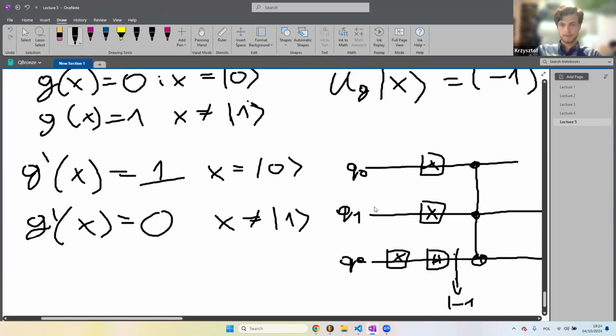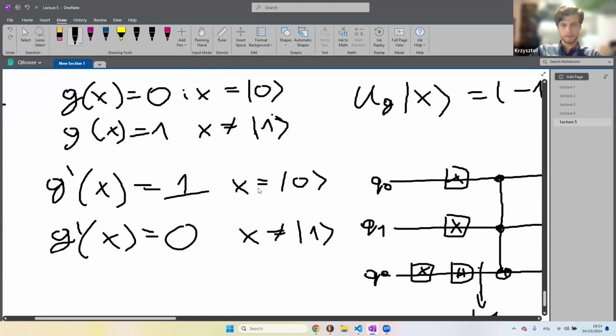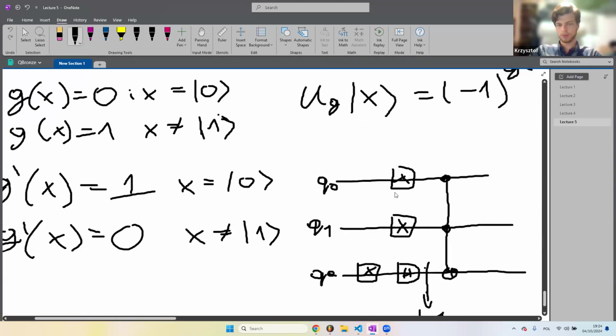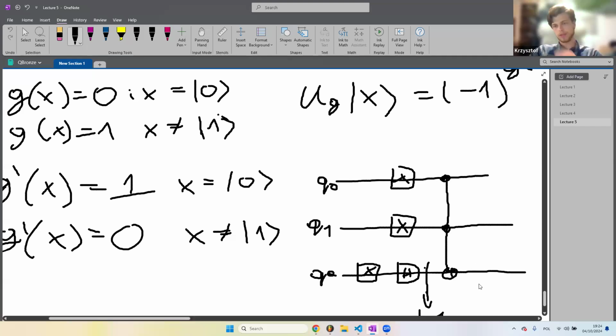So if all qubits are 0, the output of the function will be 1. So here we will change the state.